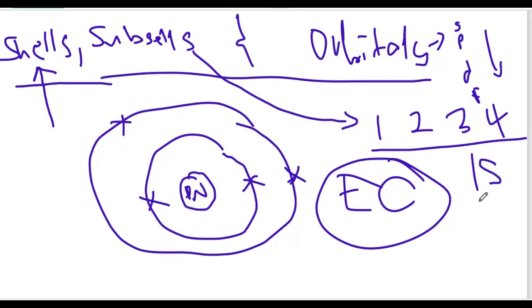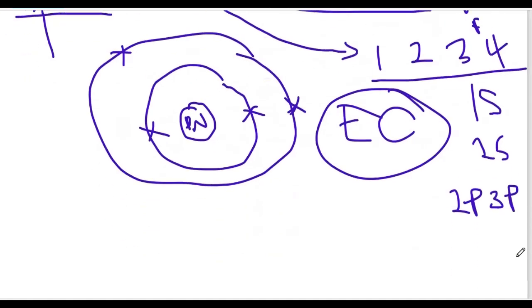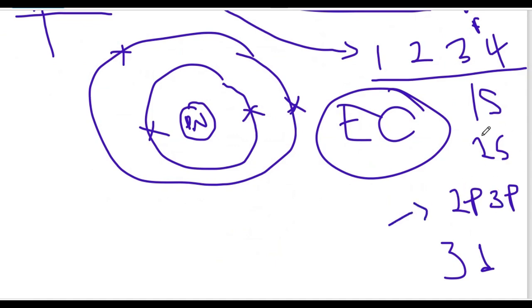If it is in the second subshell, but it's also S, you write 2s. Just like that, you can also have 2p, 3p, or 3d. That's how you represent the electron configuration. The number represents the subshell, and the p, d or s represents the orbital.